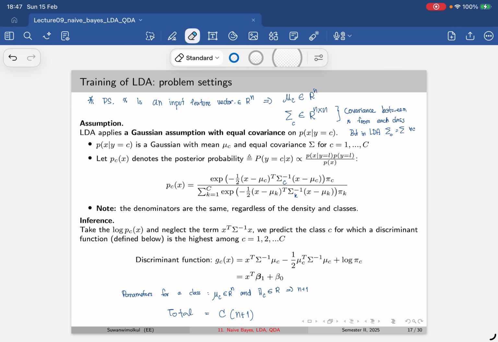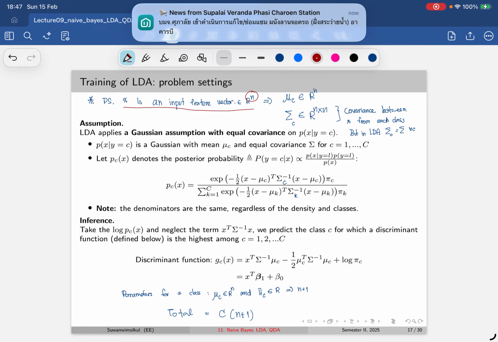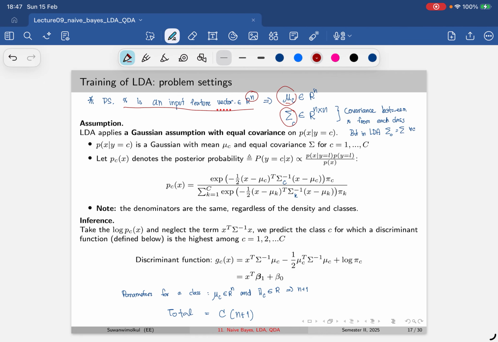So okay. Let's say in this setting, we are considering X as an input feature in Rn. So now we have multi-dimensional space. And of course, if we think about the mu C and sigma C, which is like the mean and the variance of X, where Y is in class C, you can see that right now mu C will be in Rn and sigma C will be n times n.